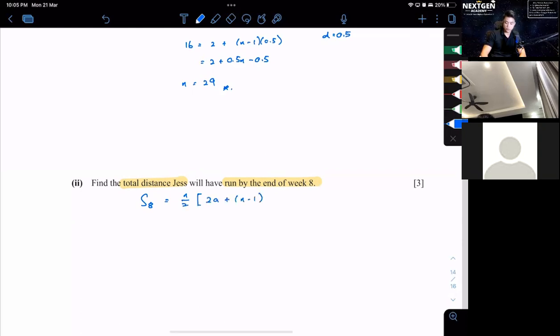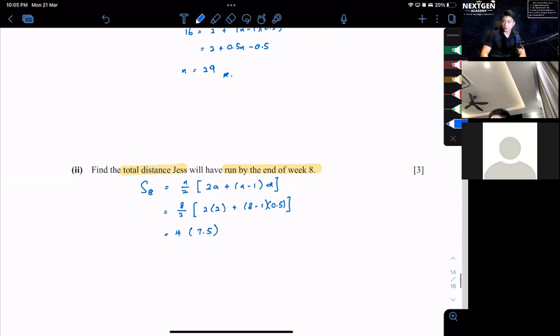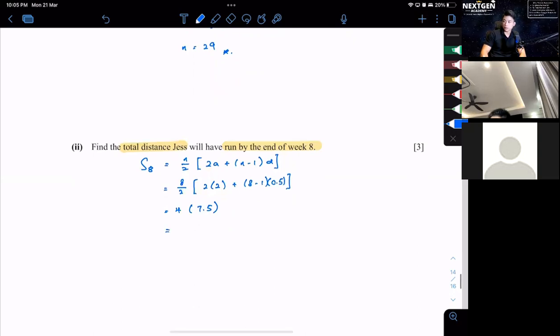So let's see, what's n? n will be 8 over 2, then 2a, which is 2 times 2, plus 8 minus 1 times 0.5. We will get 4 times 7.5. You type into the calculator, and you will get 30 km.